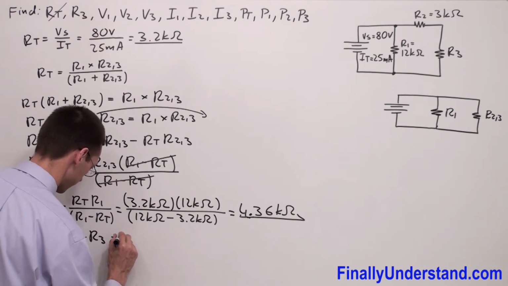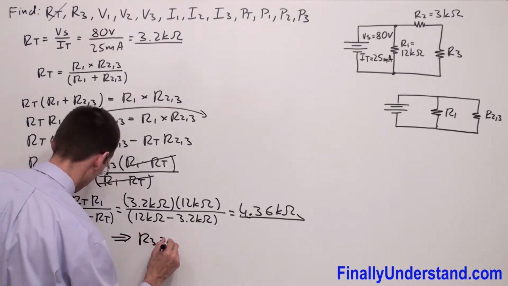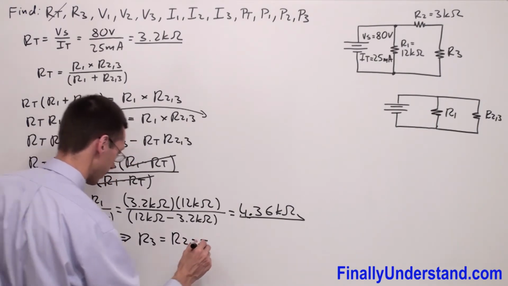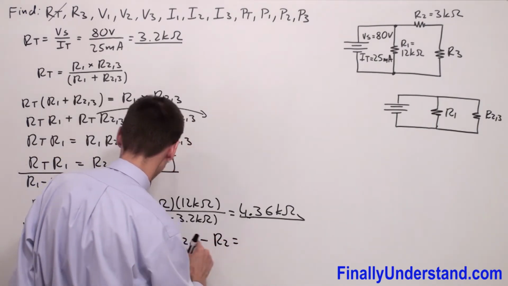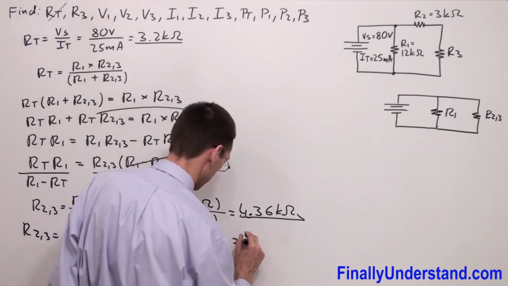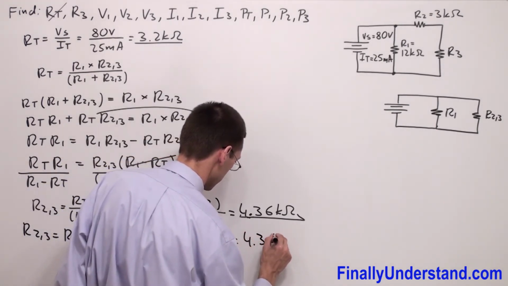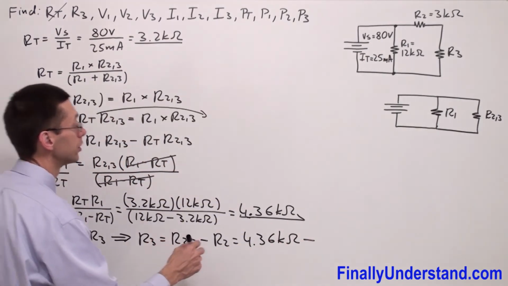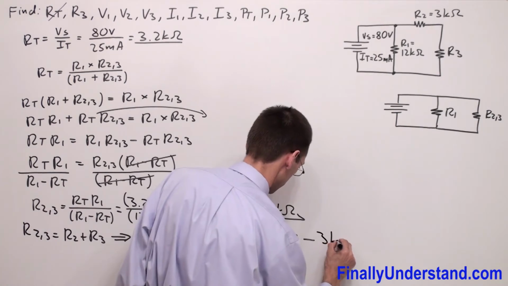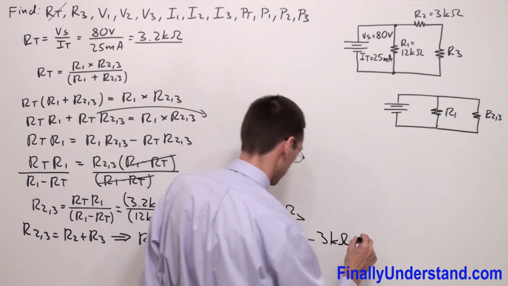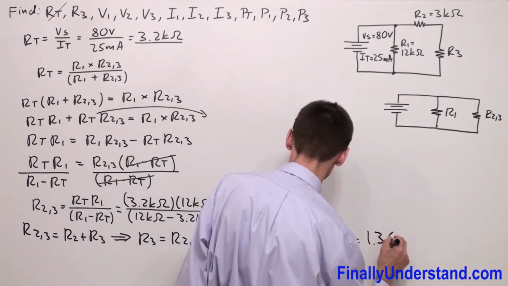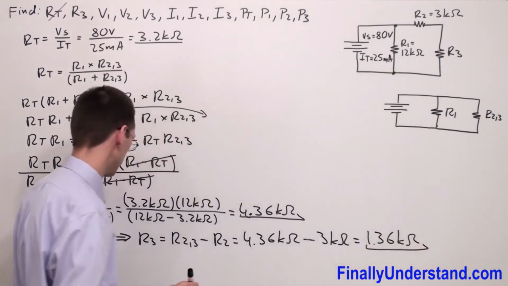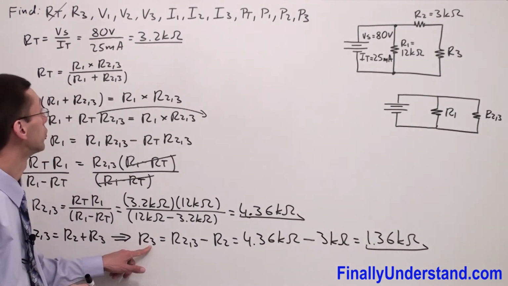So you'll get R3 is equal to R2,3 minus R2, where R2,3 we found is equal to 4.36 kiloohms minus R2, which is equal to 3 kiloohms. This is equal to 1.36 kiloohms. So this is the value of resistor R3.